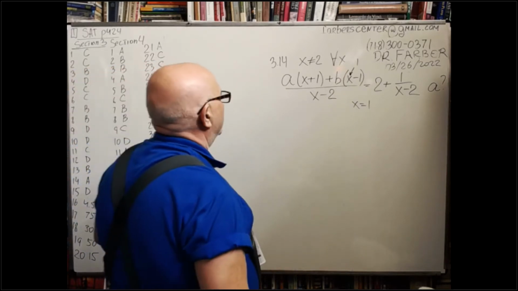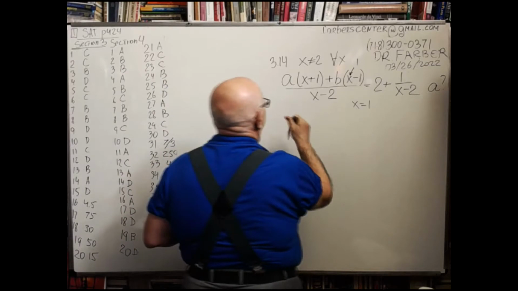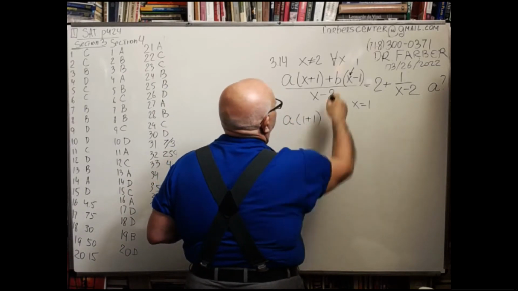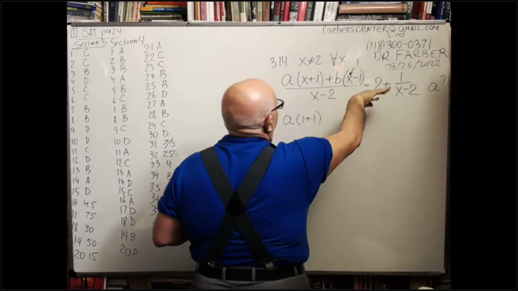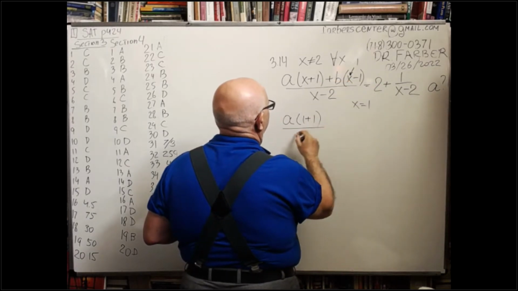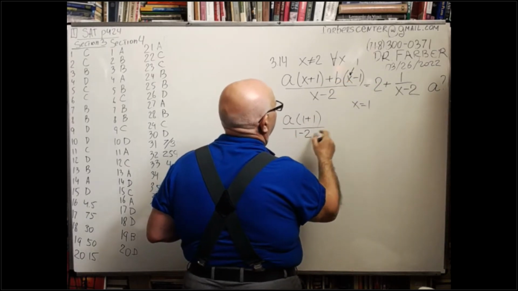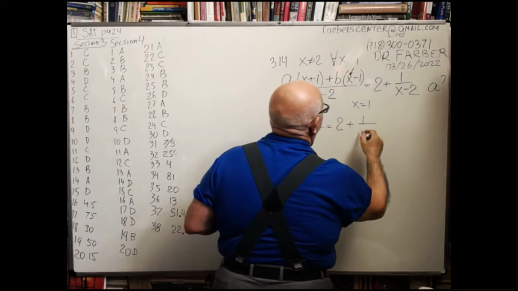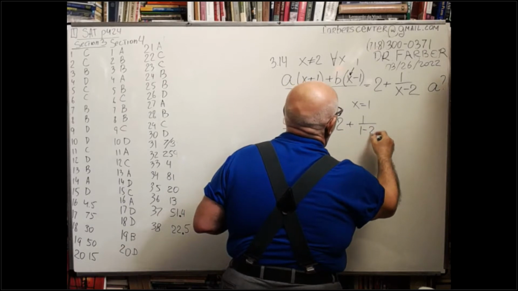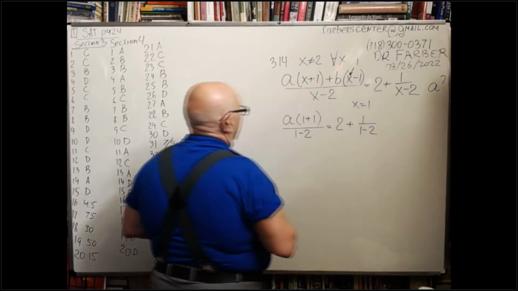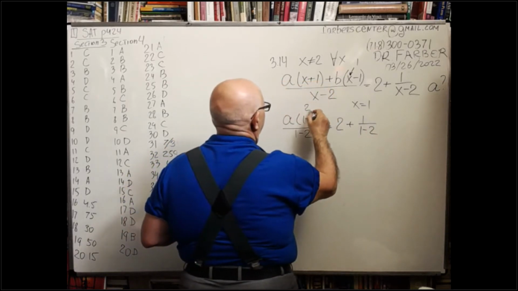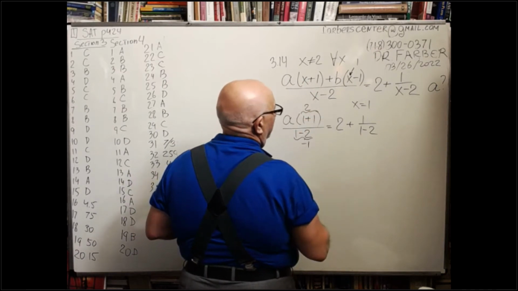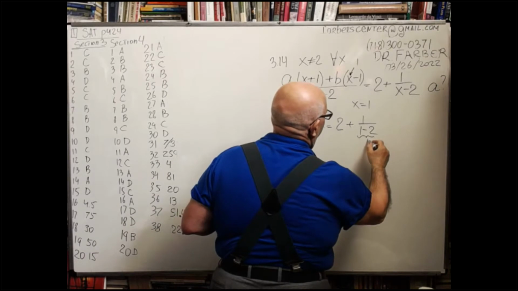Plug in x equals 1: a times 1 plus 1 plus 0, divide by 1 minus 2, equals 2 plus 1 divided by 1 minus 2. And this is negative 1.